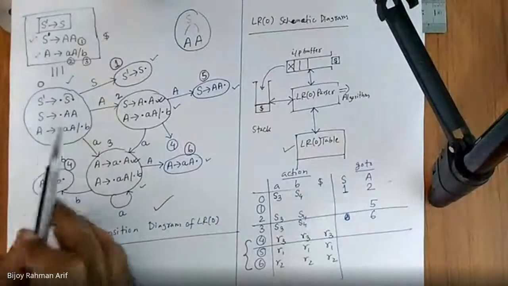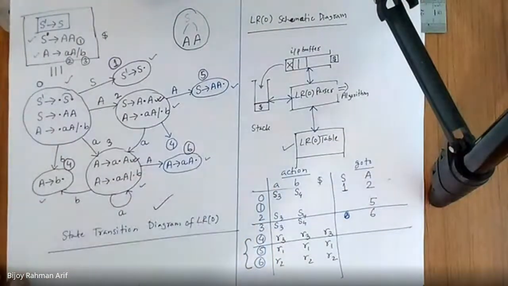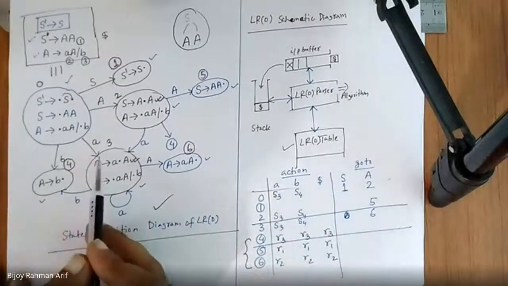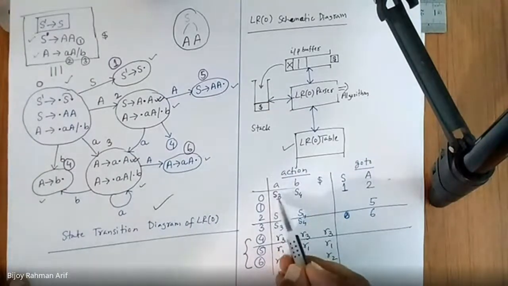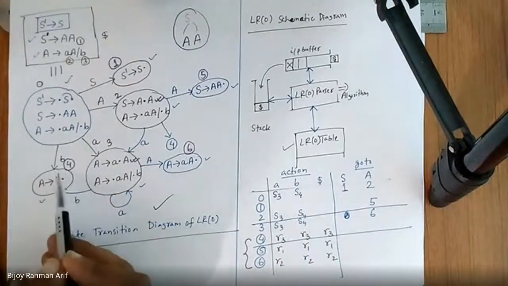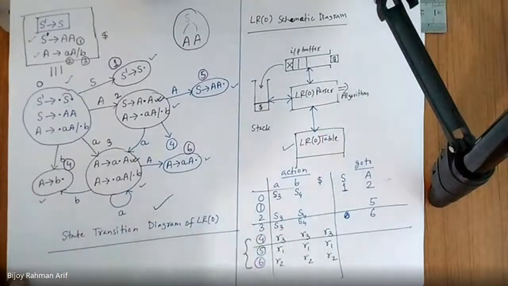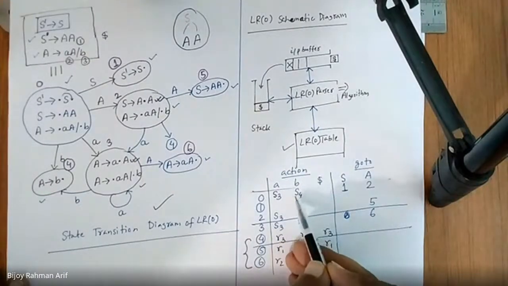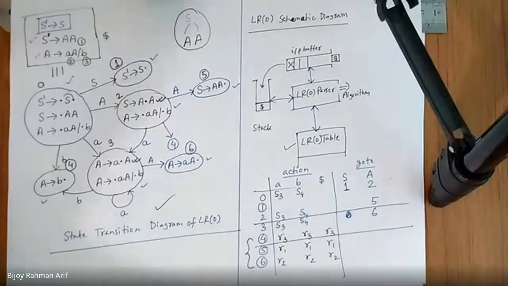So in state number 0, if we move on a, we take a out of the buffer, put it inside the stack, and go to state number 3. So the operation is shift, and my state number is 3. Now moving on b, we take b out of the buffer and put it inside the stack. So the operation is shift and state number 4. Is it clear to you guys?